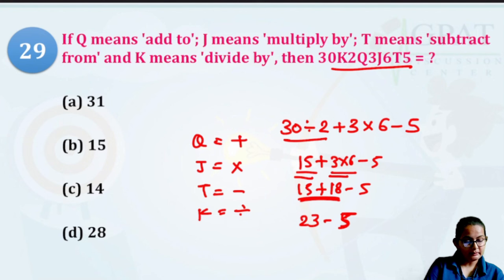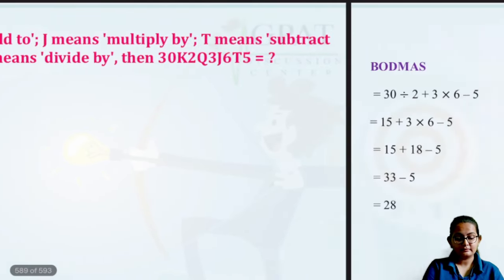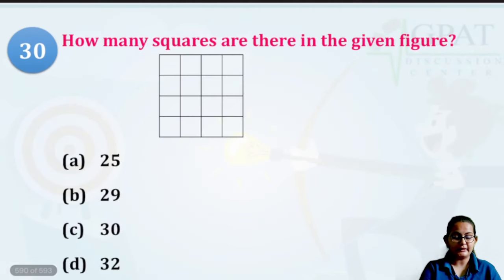Am I missing any number? 3, 6, 5. Okay, 6 threes are 18. That is correct. Then 18 plus 15 is 33, I have to take. I had taken 23, it's not 23, it's 33. 33 minus 5 is 28. So 28 is the correct answer. Okay, the BODMAS rule has to be followed.